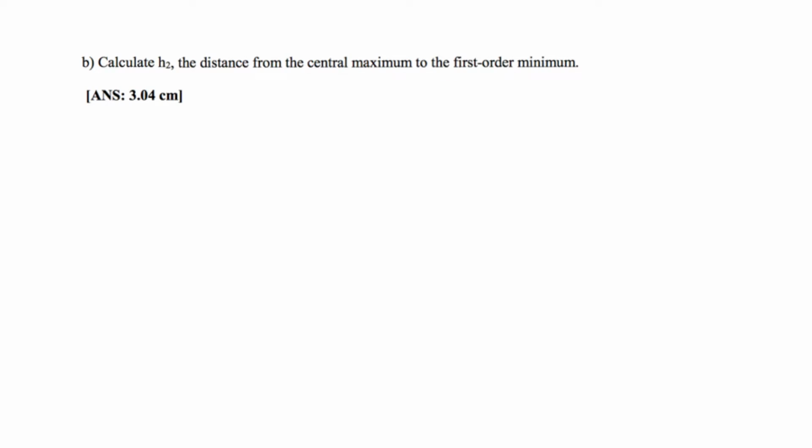Moving on to 1B, we're looking at h2, the distance from the central maximum to the first order minimum. And so remembering our equation, we need to choose the right one. So d sine theta equals (m plus 1/2) lambda, and then applying the small angle approximation again, d times h2 over L equals (1 plus 1/2) lambda, and we chose 1 here because we're looking at the first order minimum.